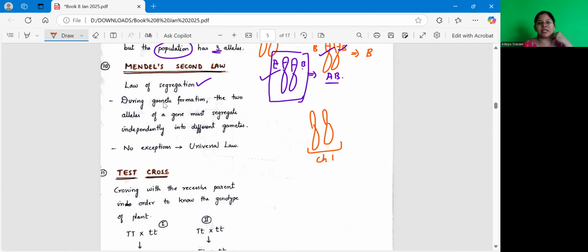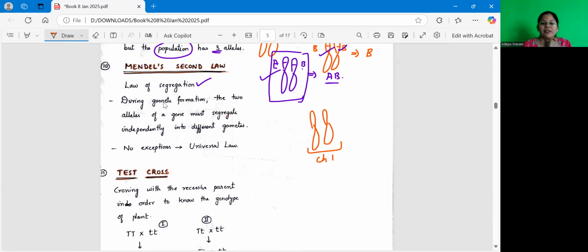So you have to start the statement from during gamete formation. Clear? So the law of segregation is stated as: during gamete formation, the two alleles, or we can say two chromosomes, must segregate independent from each other.